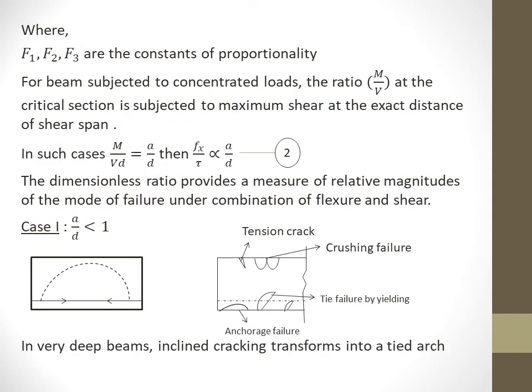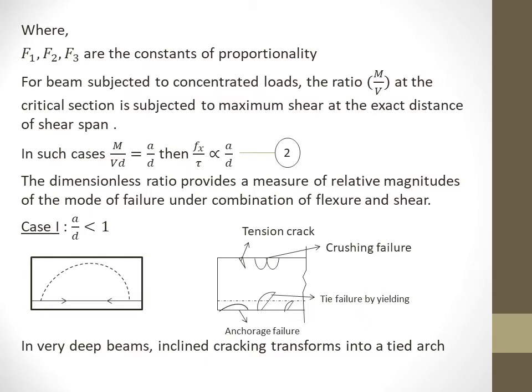In such a case, for a beam subjected to concentrated loads, the ratio M by V at the critical section is subjected to a maximum shear at the exact distance of the shear span, that is between the support and the load. In such a case, M by Vd becomes equal to a by d, therefore sigma by tau will be proportional to a by d or av by d. That is the second equation.